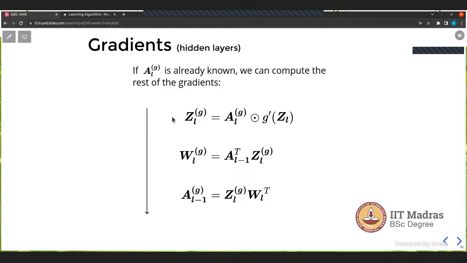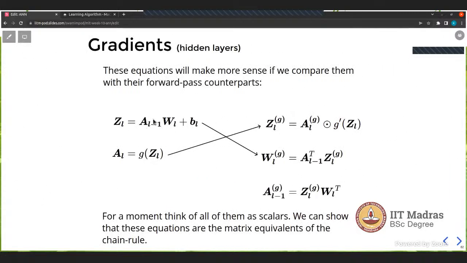But this first equation we expect you to know because it's quite simple, right? It's just chain rule applied to this particular equation, right? So Z is AW plus B. So gradient of Z is nothing but gradient of A into G prime of Z, right? So it's just chain rule again.